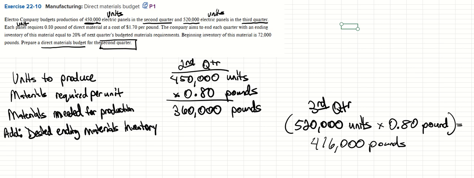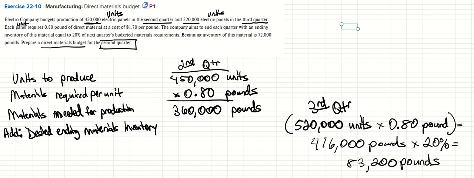Again, it provides them a little bit of a cushion, just in case they produce more than 450,000 units. So 416,000 pounds, we're going to apply only 20% to it, and that gives us 83,200 pounds. Let's make sure my math is correct. Yes, this 83,200 is in pounds.